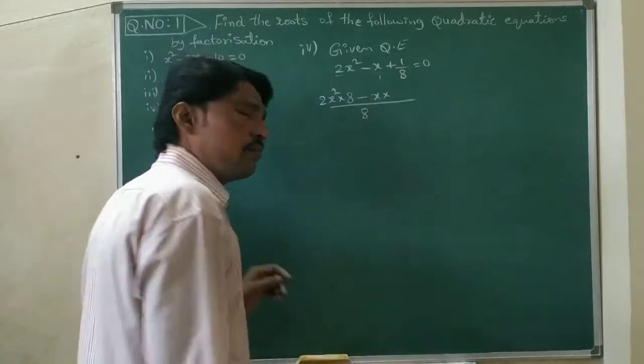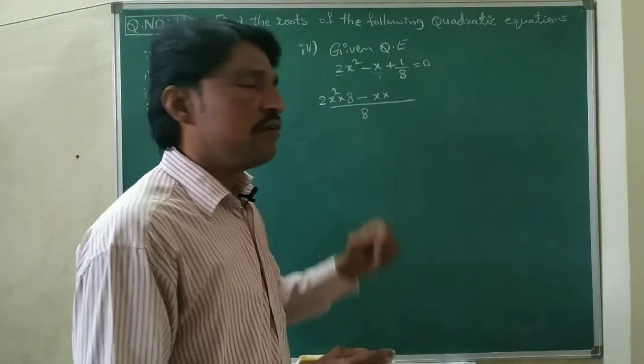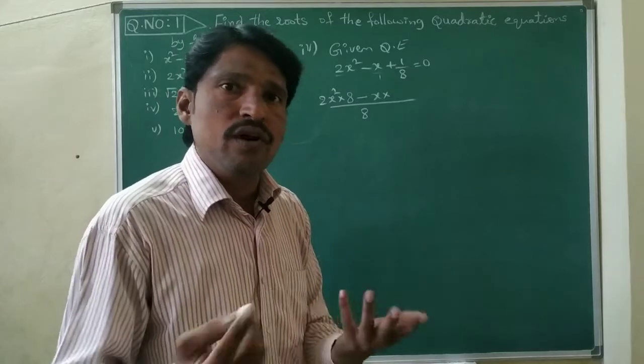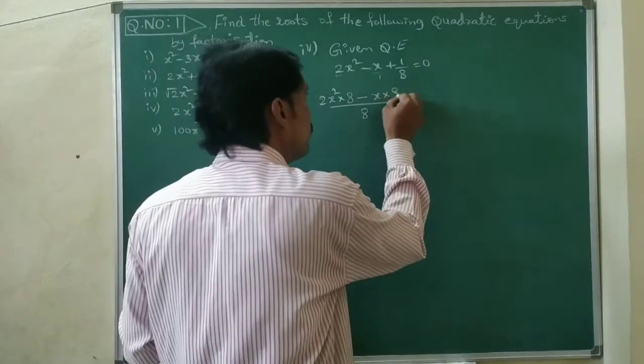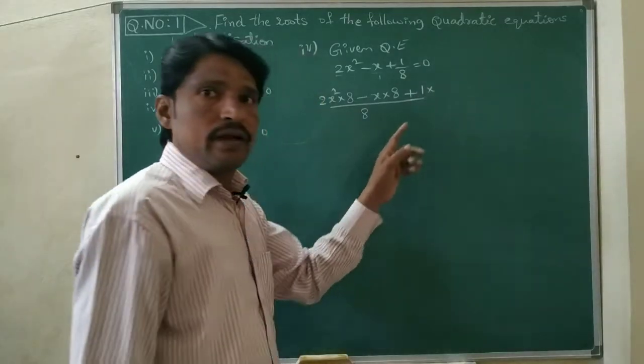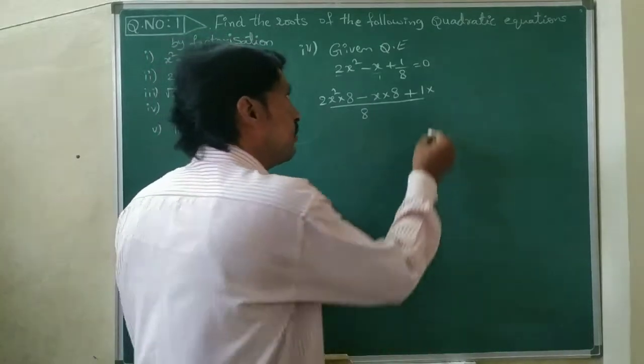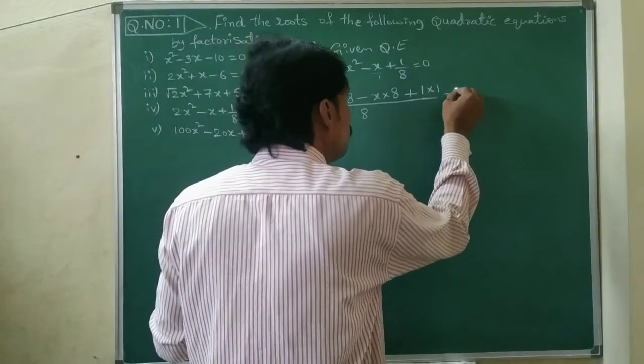Here also nothing in the denominator means we take 1. So we can get 8 plus 1 into numerator 1, 8 ones are 8, equal to 0.